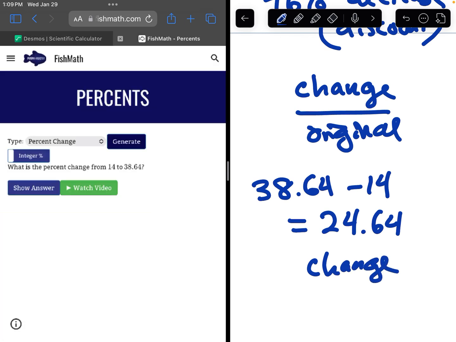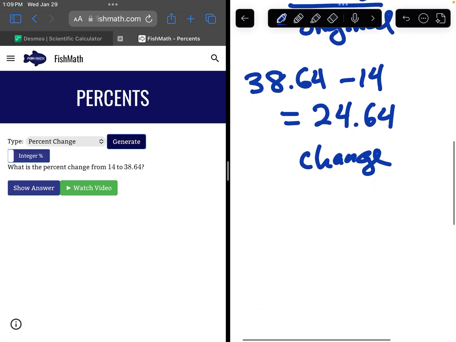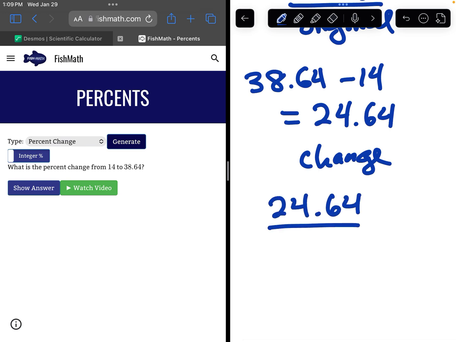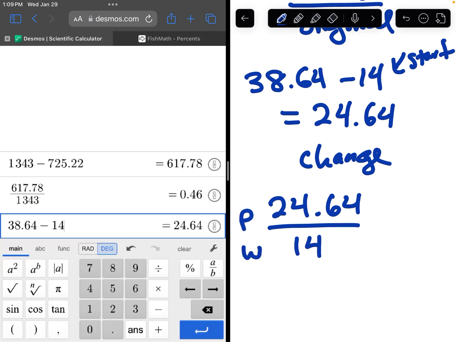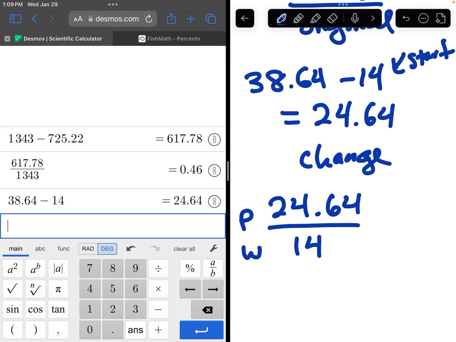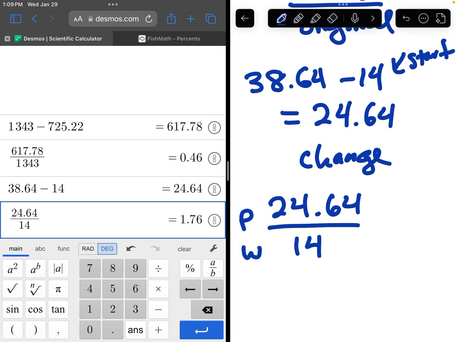And then we're going to make a percent out of that by doing the change out of the original. So the original, it says from 14. So that's where we're starting. That's our original. So out of 14 would be the whole thing, and this is the part. Again, to make a fraction into a percent, we divide the change, the top number, by the bottom number, and that will give us a decimal.